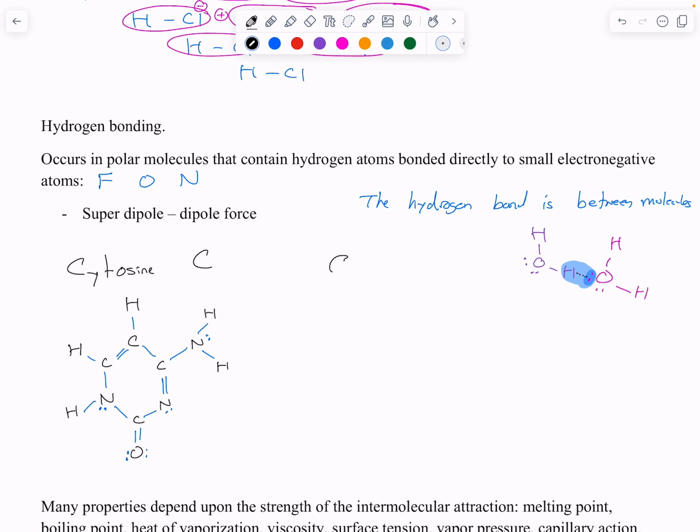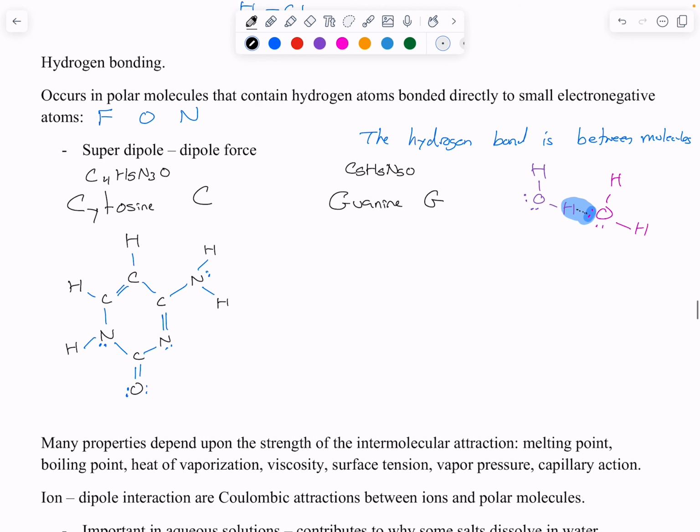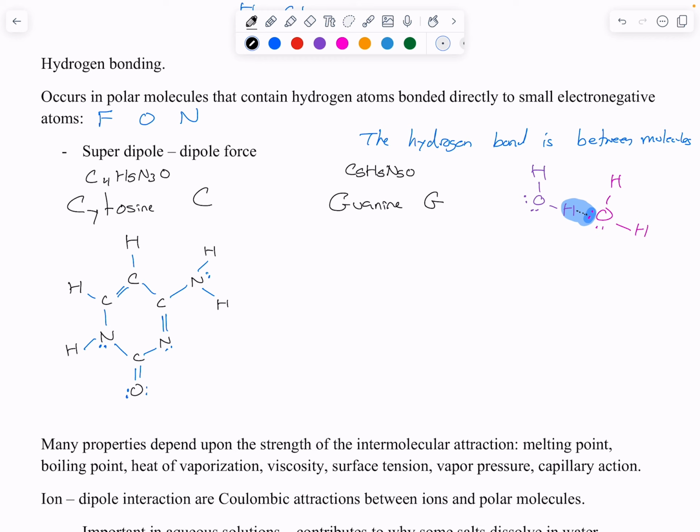Guanine, sometimes G. All right. And so this is C5H5N5O, where cytosine is C4H5N3O. All right. And this one, I'll try to get it correctly.